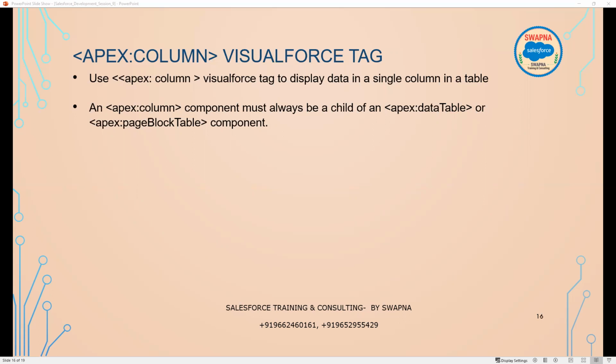By default, the associated label for the field is used for the column header. Whatever this column is, it will display the column header as well as the value.